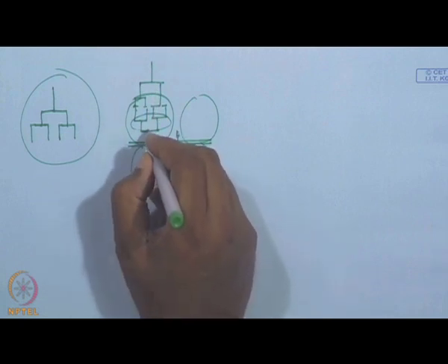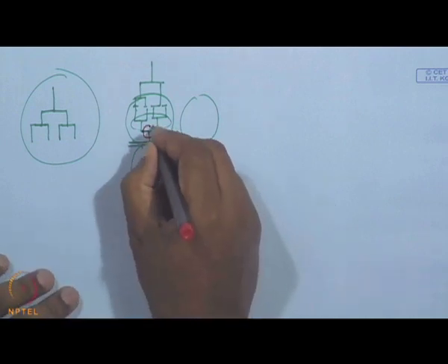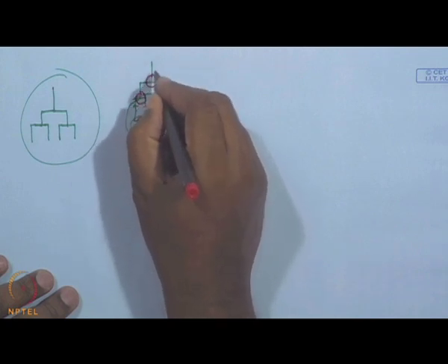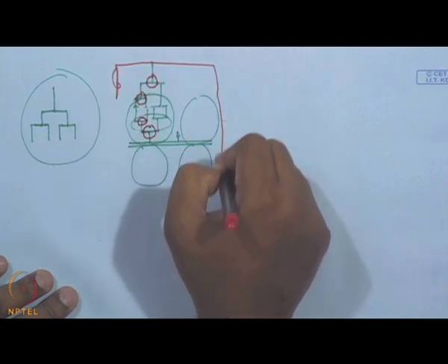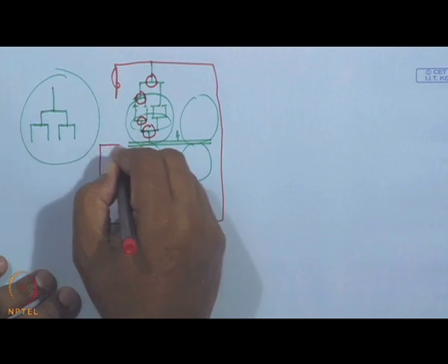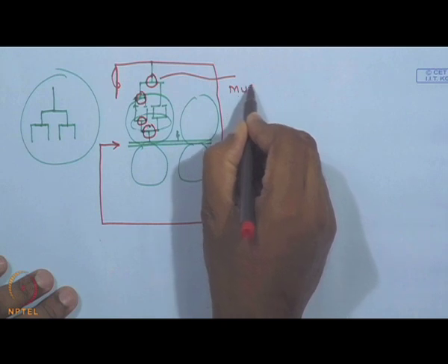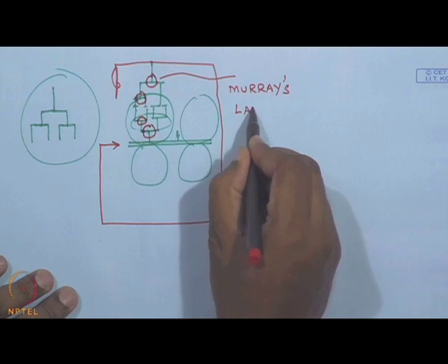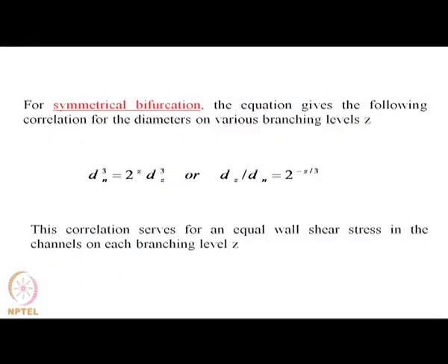But at every stage, at every point of branching out and the point where they are going to be combined, so that I can have flow again from here, at every point Murray's law will have to be maintained in order to obtain the minimum pressure drop.